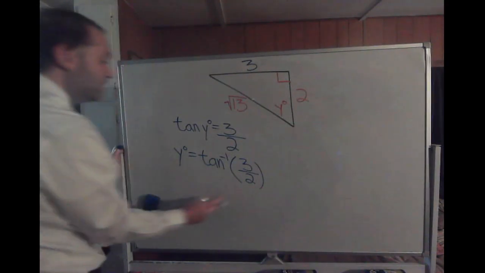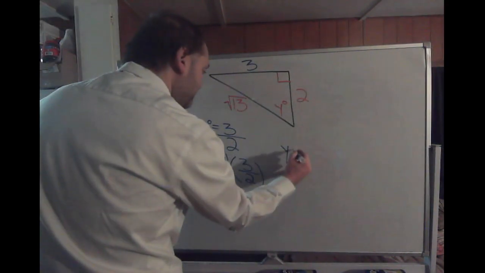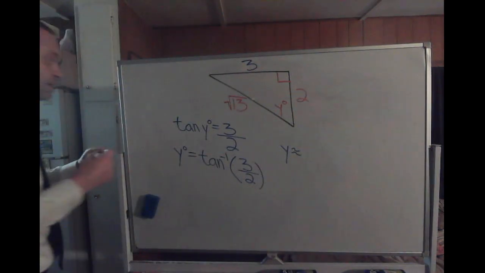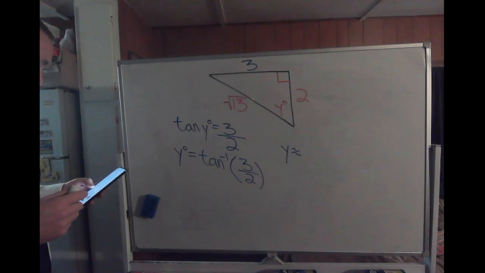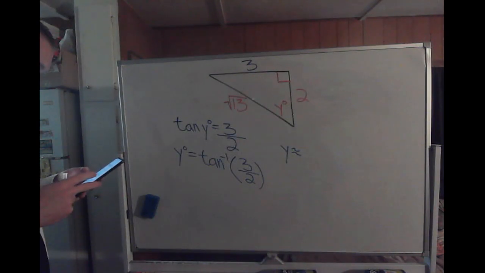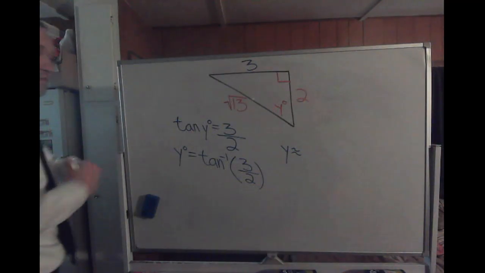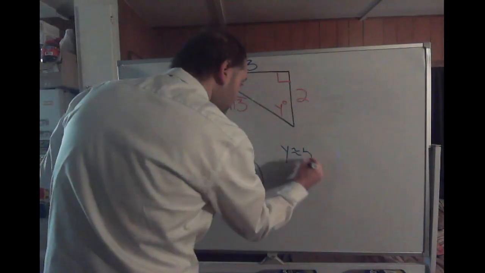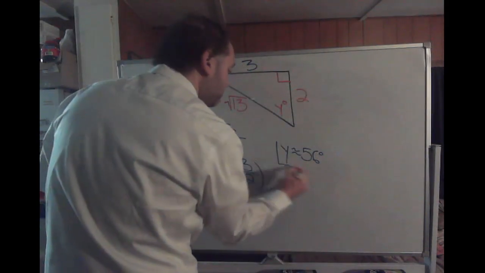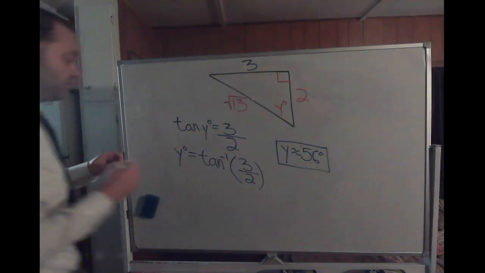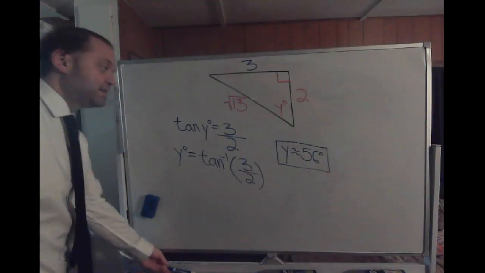And then we should get a decimal approximation here for how many degrees y is. So we'll take the tangent inverse of 3 over 2, which comes out to approximately 56 degrees. So y is approximately 56 degrees. That's what you end up getting in the end.